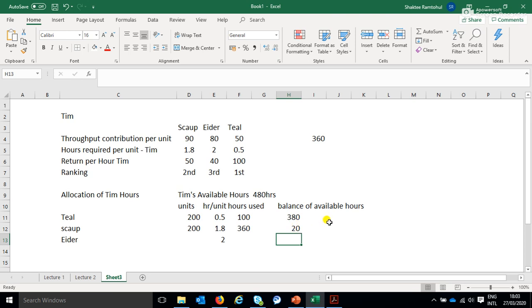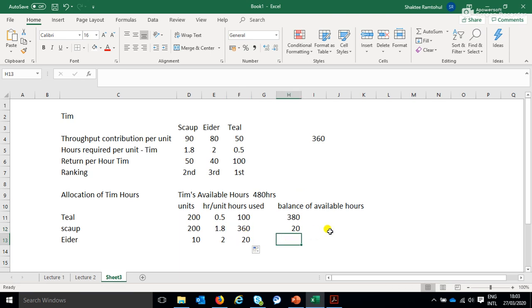Now, in terms of how many products can we manufacture? If we're left with 20 hours, each unit takes 2 hours. It's no rocket science here. In terms of eider, we can only manufacture 10 units, because 10 multiplied by 2 gives you your 20 hours.